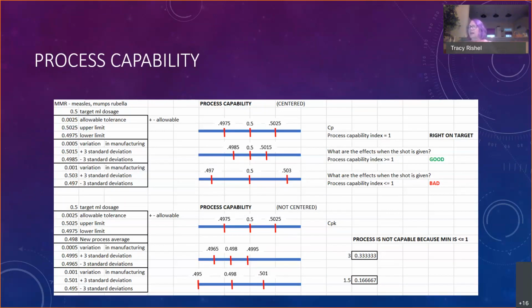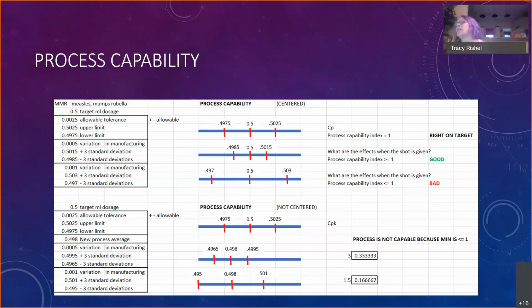But let's say that the vaccine is effective as long as we only have an allowable tolerance of 0.0025 milliliters. So we have an upper and lower limit. So that's what the manufacturer has set and said, okay, this vaccine is acceptable as long as we're in those limits.